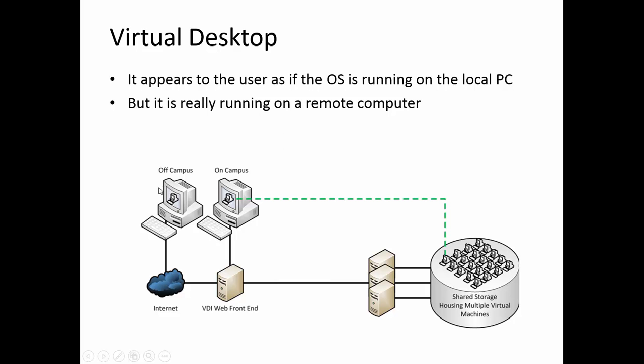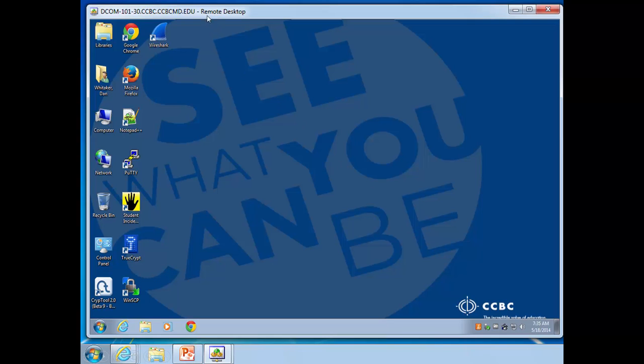With VDI, the user is standing at a computer right here, and he connects to the server at CCBC and then runs a copy of Windows 7 on the server at CCBC. This is my remote desktop, and this is how I can tell that I'm connected to a remote computer.